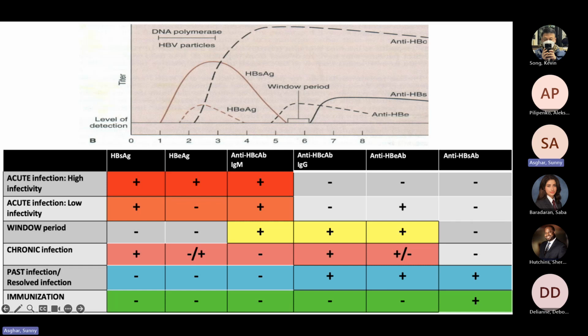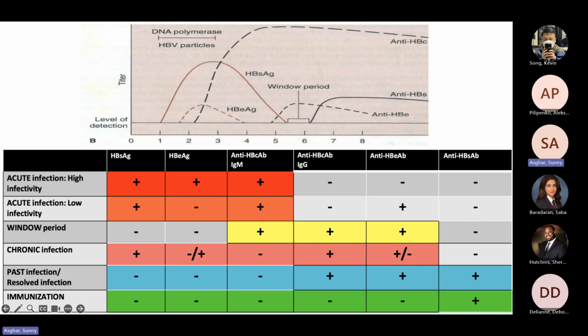They won't give you the window period directly, so to figure it out, you would see that I don't have the surface antigen anymore, and I don't have the HBe antigen anymore, but we do have indications of our other antibodies, while there is no antibody for the HB surface antigen. That would show us that it's the window period.